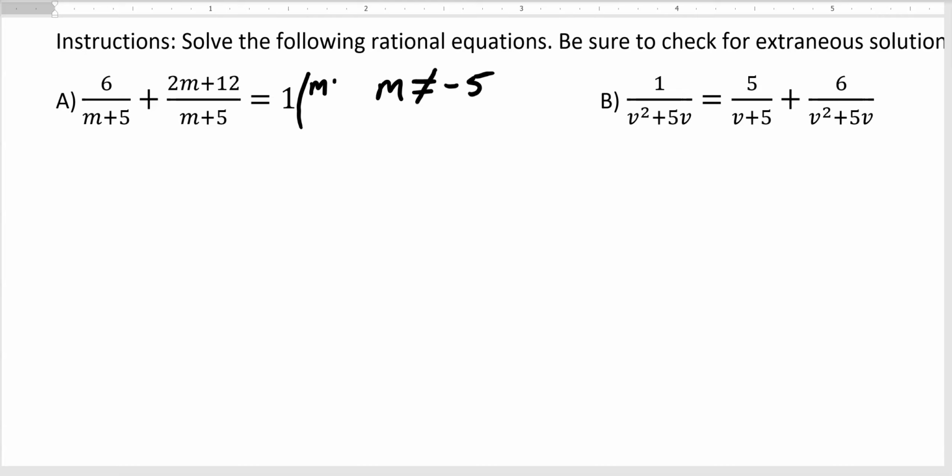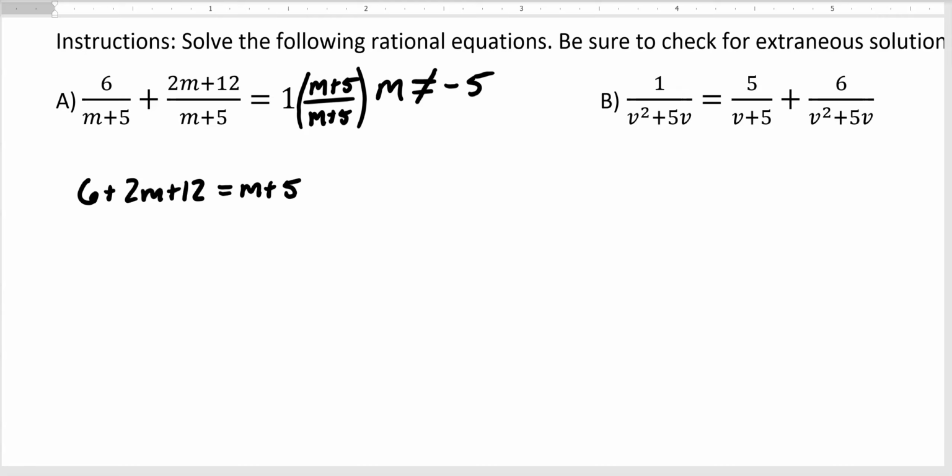So I need to multiply this 1 by m plus 5 over m plus 5. When I do that, I will have 6 plus 2m plus 12 equals m plus 5, right? Because at that point I have the common denominator, so I can multiply them away, make my denominator disappear.